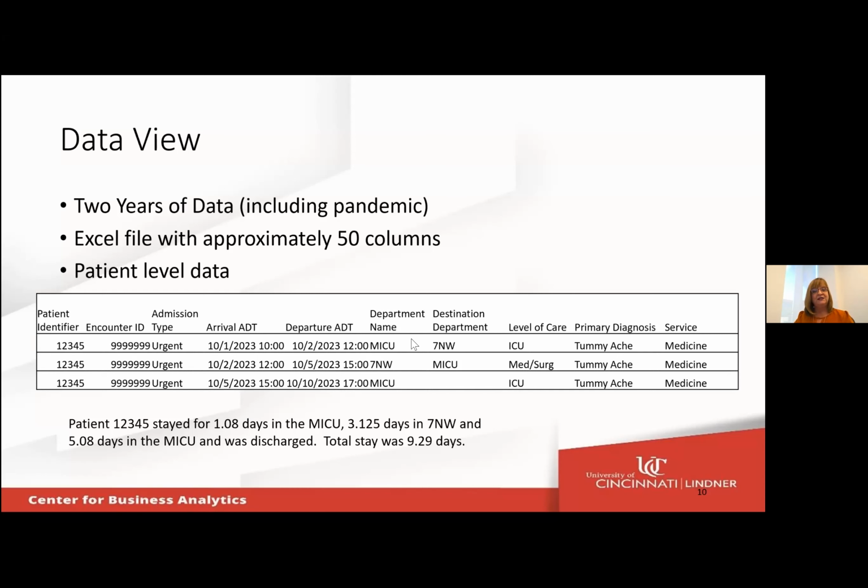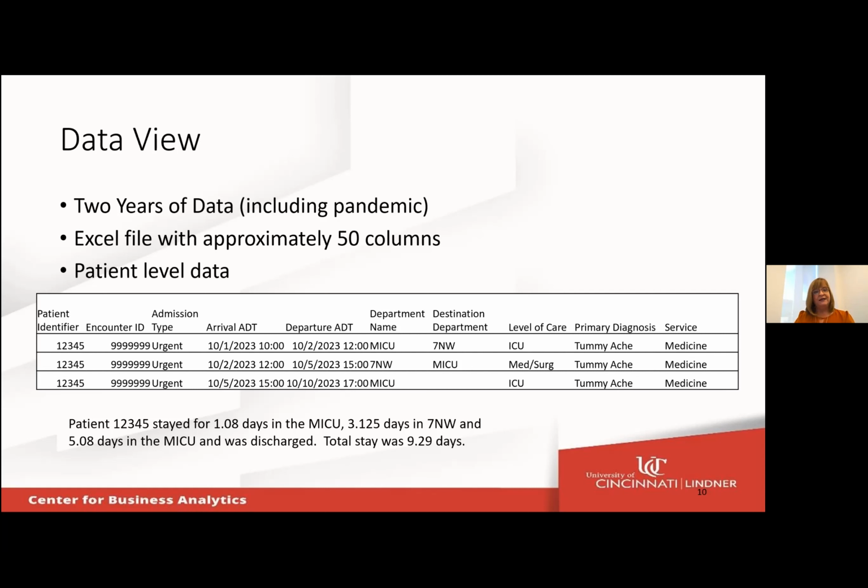And then they transferred to what we call a step down unit, 7 Northwest. They stayed there for 3.125 days. And on the 5th, they got worse and they had to go back up to that higher level of care in the NICU. So this patient stayed 9.29 days in the hospital, and they were in 2 different units while they were there.